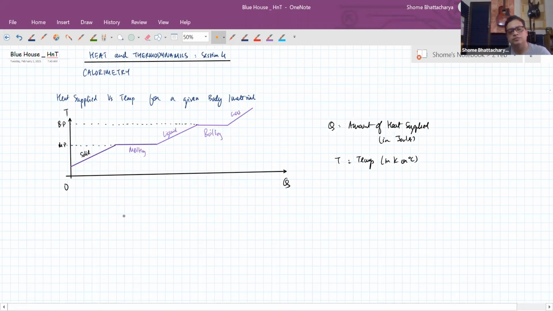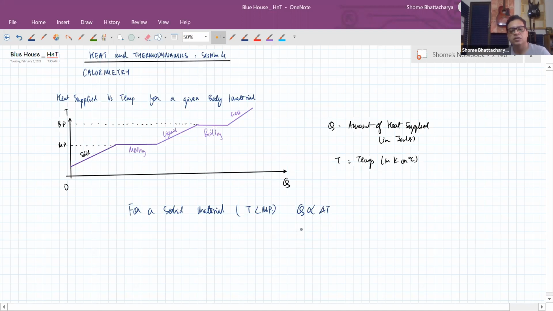So for a solid material, if temperature is less than melting point, the amount of heat supplied is directly proportional to the temperature change, or the temperature change is directly proportional to the heat supplied.